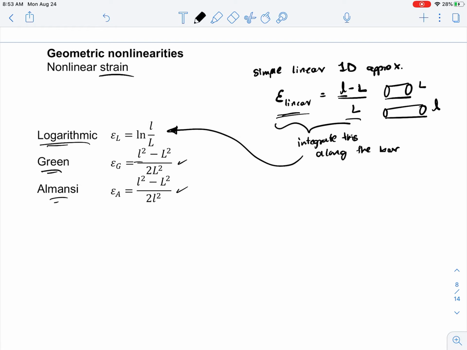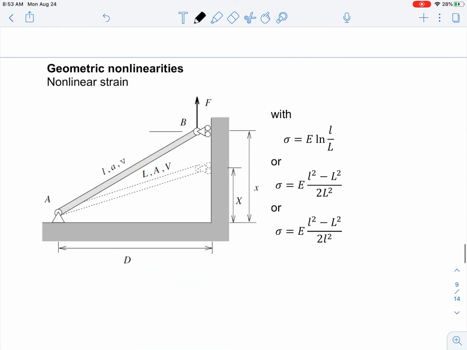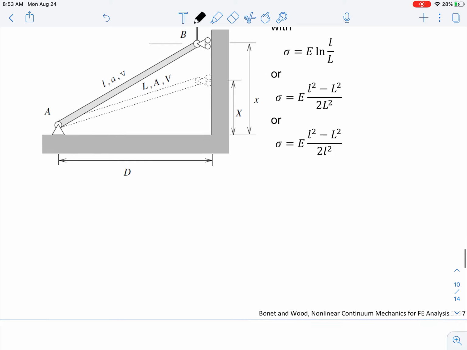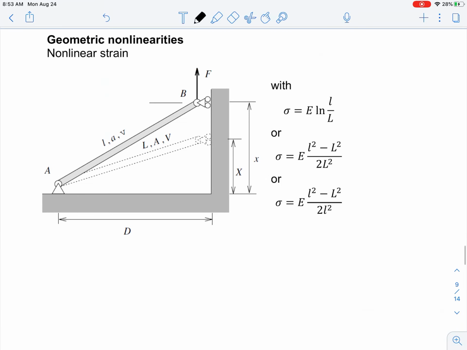And to show you how this would look in an example, I took this from the book by Bonnet and Wood on nonlinear continuum mechanics. So again, you have this just simple bar. This is the original location of the bar, which has some undeformed length L, some cross-sectional area A, some volume V. And then you apply some force.